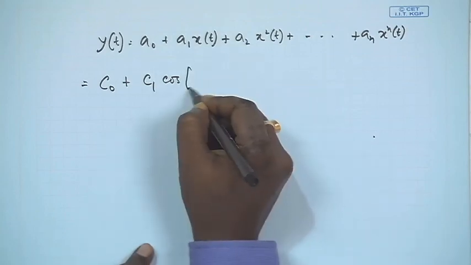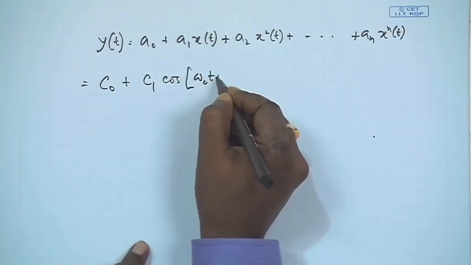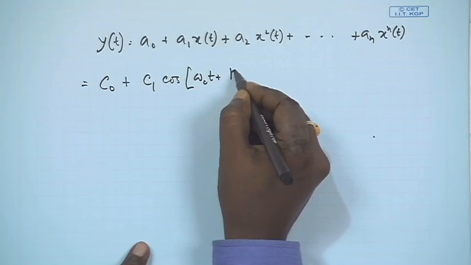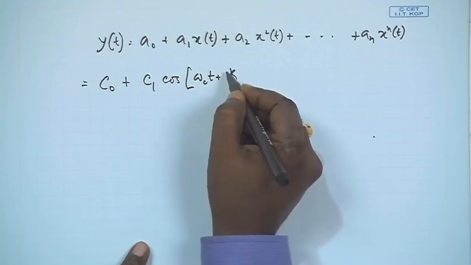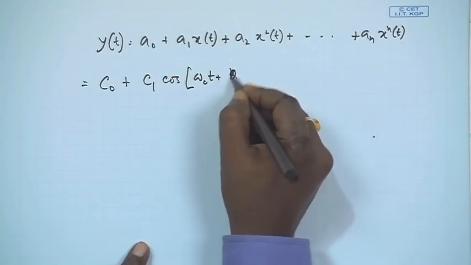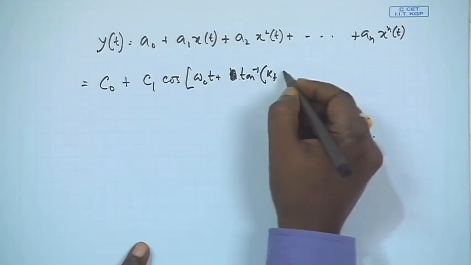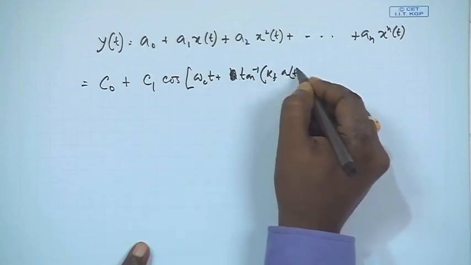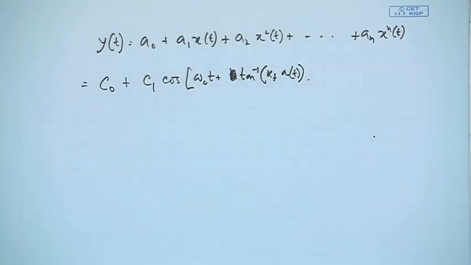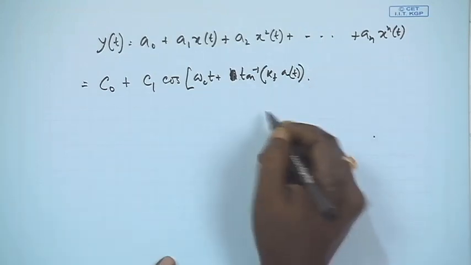So, that will be cos omega c t plus, of course, ideally tan inverse. So, I can just write it that way, it is just tan inverse kf, let us write it just for the brevity of it. Okay.